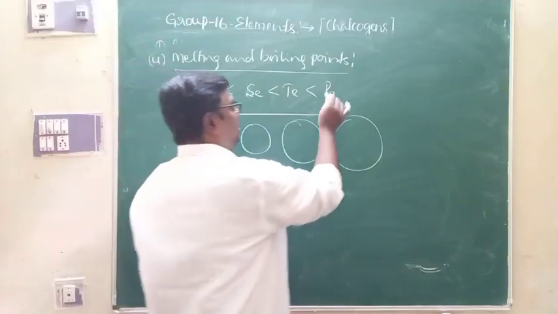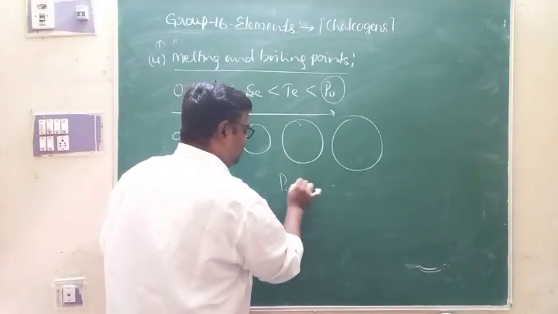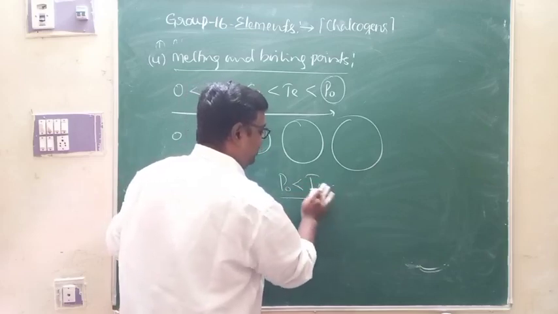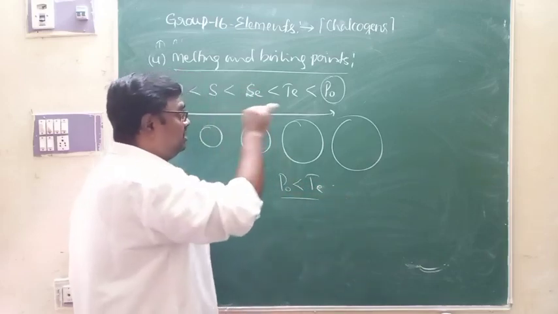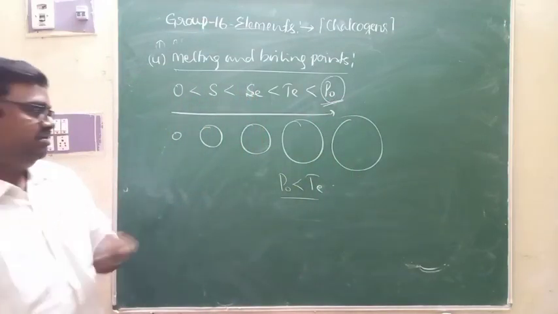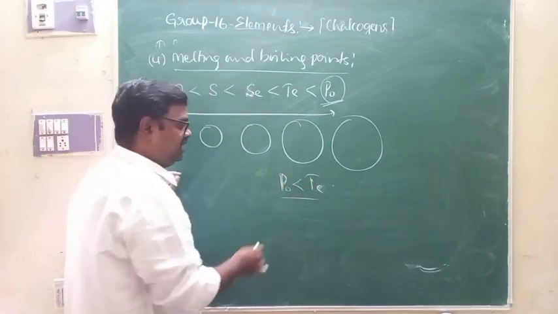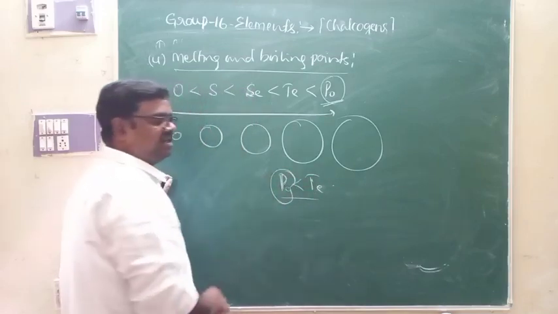But of course, in the case of polonium, the melting and boiling points will be slightly less than tellurium. We expect the melting and boiling points of polonium to be the highest, but they are less than tellurium. Due to the inert pair effect.